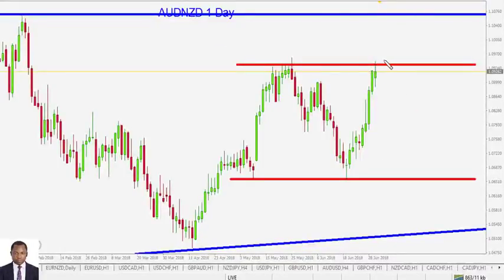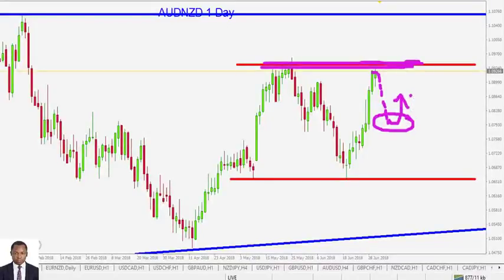So be careful going long at this area of resistance. If you want to go long, wait for the breakout, then a pullback and a continuation move. For now, wait. Do not click your buy button. At best, wait for price to come down somewhere around in there. That is where you might be looking for a buy entry.